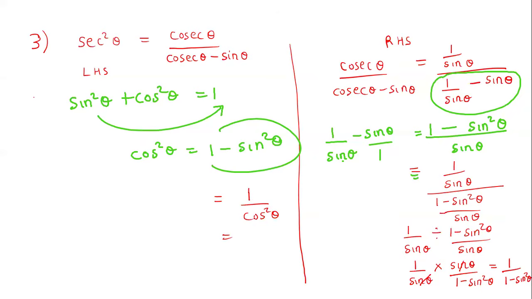But cos is sec, and therefore we end up here with sec squared theta, which is the same thing there. So that is how you can do it coming from the other side. Here, identities, those are the things we are playing with.